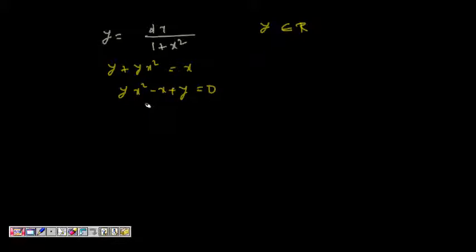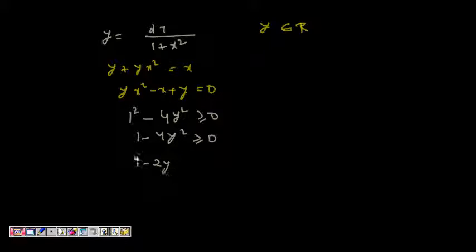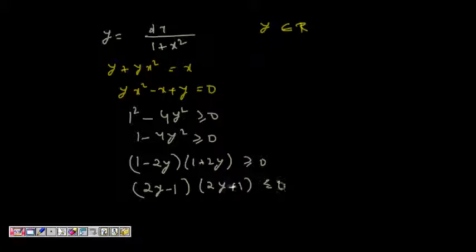so this equation to have real roots, we should have b square minus 4ac greater than equal to 0, or 1 minus 4y square should be greater than equal to 0. 1 minus 2y, 1 plus 2y should be greater than equal to 0, or 2y minus 1 and 2y plus 1 should be less than equal to 0, multiplying by minus 1.